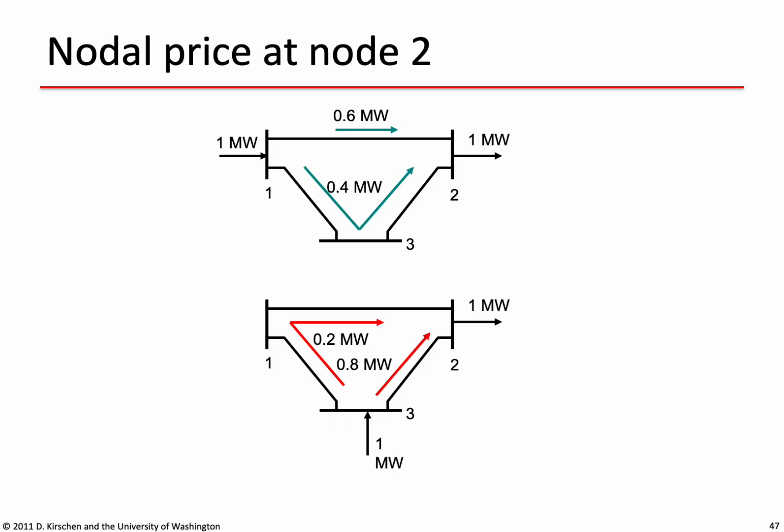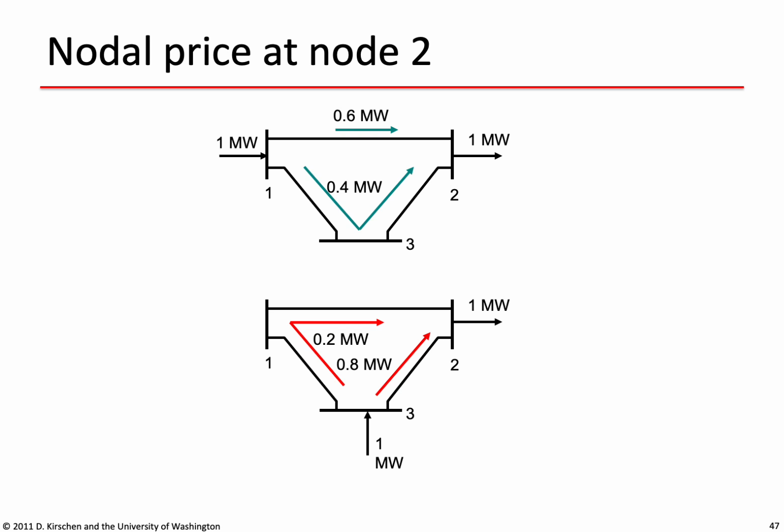So let's see what happens if we inject an extra megawatt at bus 1 and extract an extra megawatt at bus 2. We have 0.6 megawatts flowing on line 1, 2, and 0.4 going from 1 to 2 via 3. If we do the same thing but inject a megawatt at bus 3, we have 0.2 megawatt flowing from 3 to 1 to 2, and 0.8 megawatts flowing from 3 to 2.